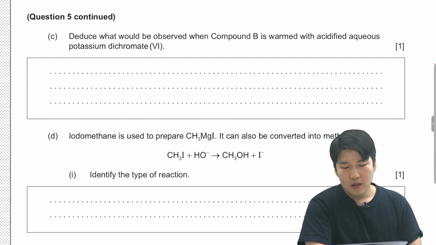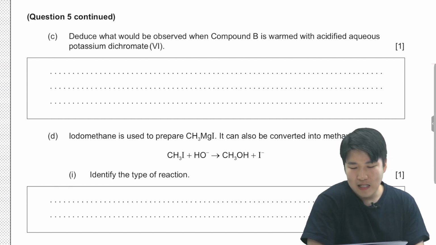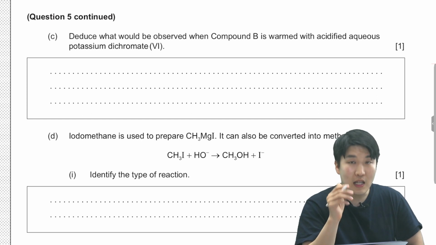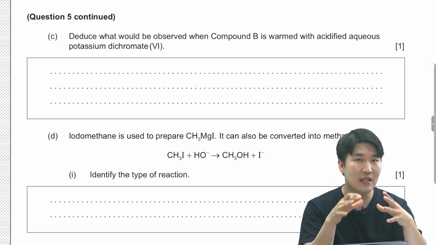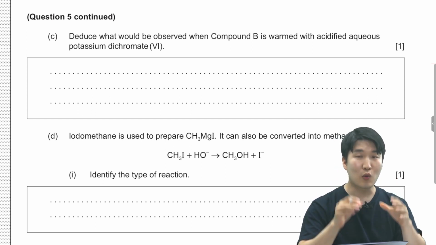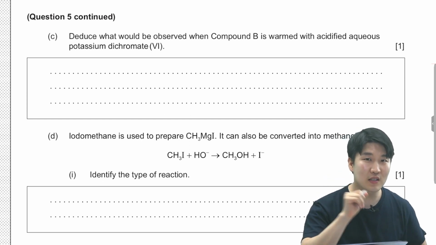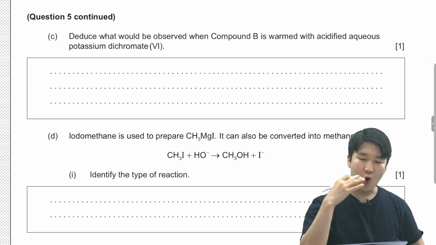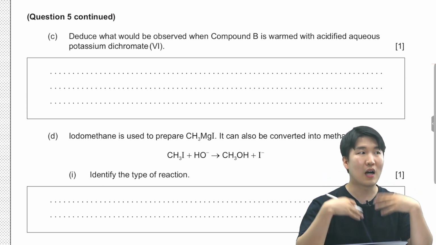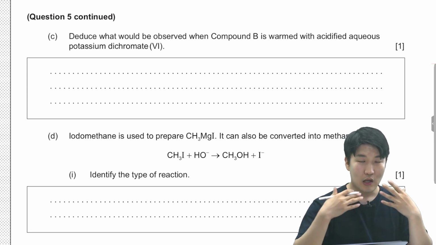Compound B, alcohol, is warmed with acidified potassium dichromate. And what is potassium dichromate always used for? It's the oxidizing agent for oxidizing alcohols into aldehydes or ketones.